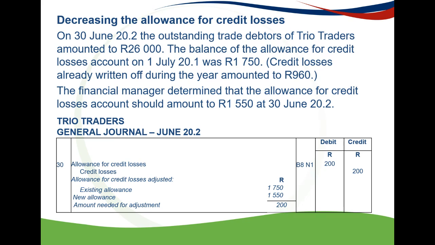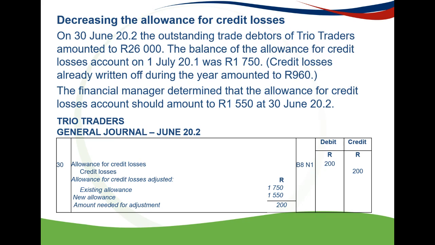Now, on 30 June 20.2, the outstanding trade debtors of two traders amounted to 26,000 rand. The balance of the allowance for credit losses account on 1 July 20.1 was 1,750, like we just did that entry to increase it from 1,350 to 1,750.